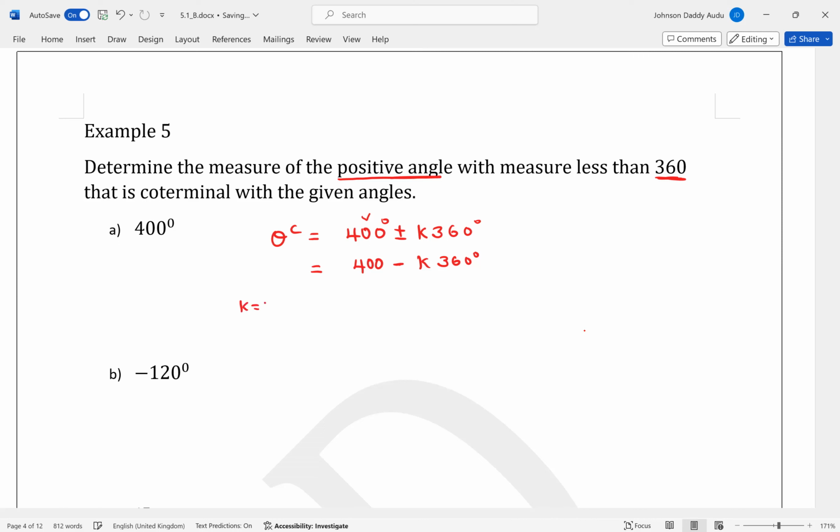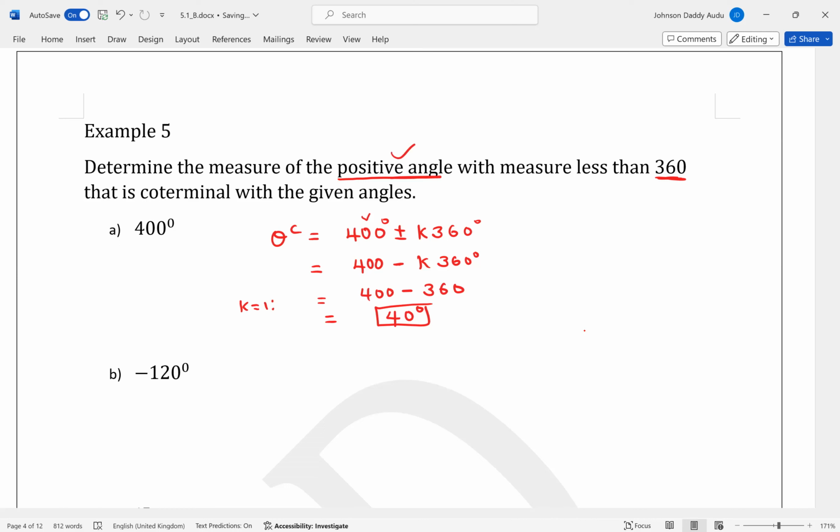For example, if you start with k equals 1, what do you get? We'll have 400 minus 360, and this equals 40 degrees. And you can see 40 degrees is positive and it is less than 360.